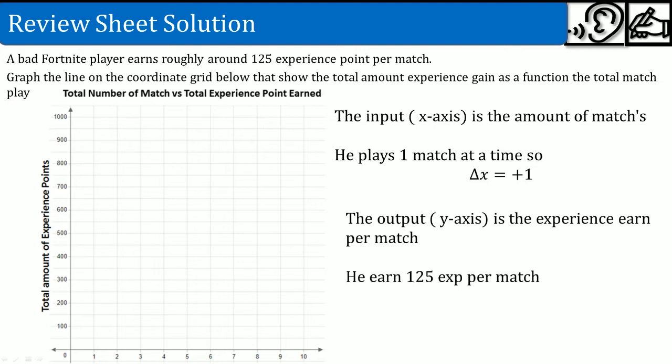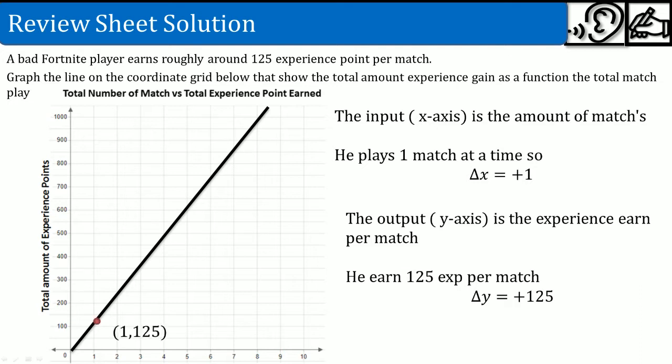Here, the question says he earns 125 experience per match. So delta y is equal to 125. So I graph this. Let's see if it made sense. The first point is 1, 125, because your x is 1, your y is 125.